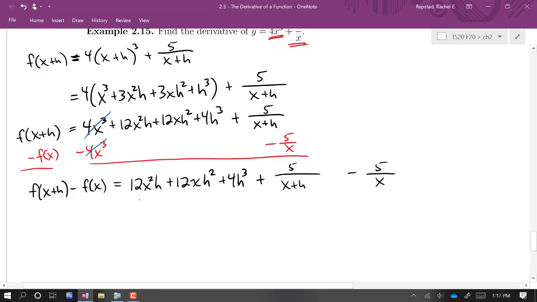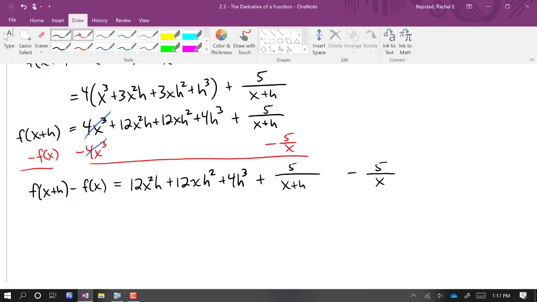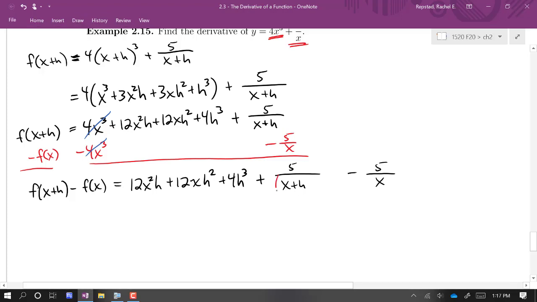The three terms in the beginning all have a factor of h. I like the way that looks, so I'm just going to leave that as it is. I'm going to get a common denominator between these two fractions at the end. So the first fraction has to pick up a factor of x. The second fraction has to pick up a factor of x plus h.